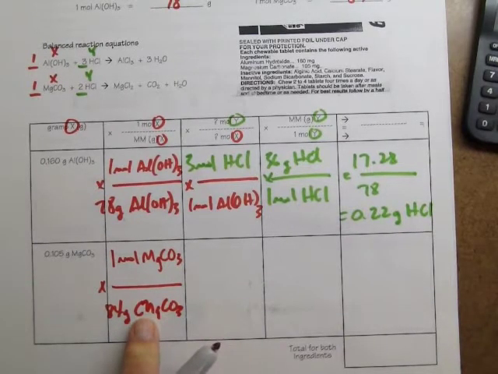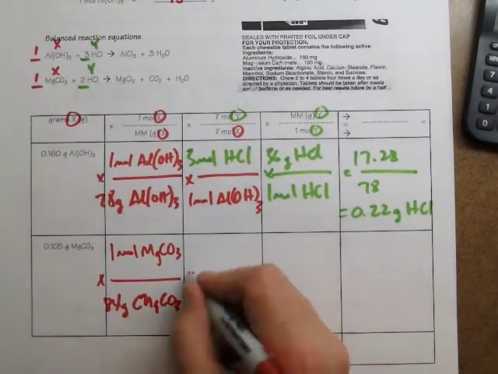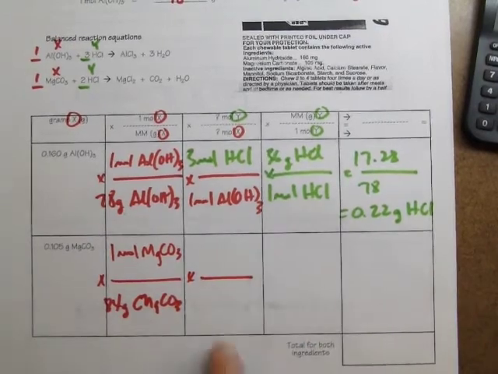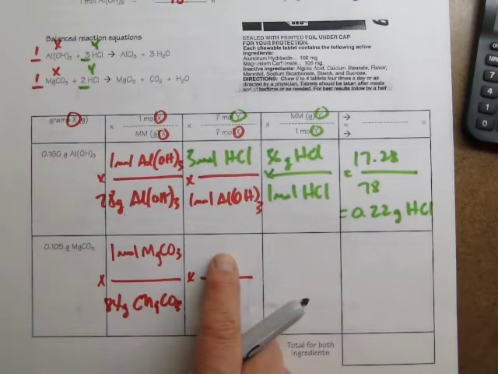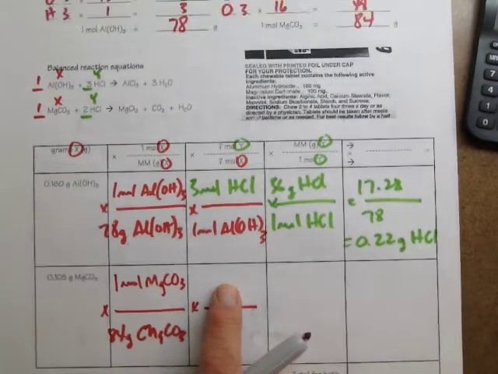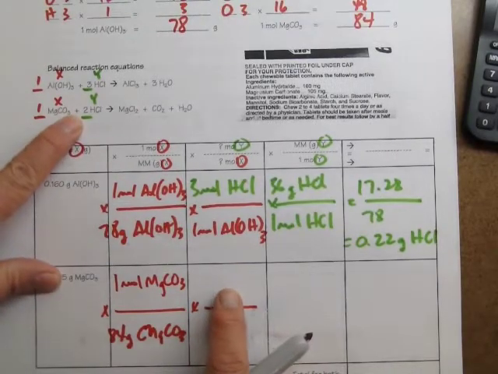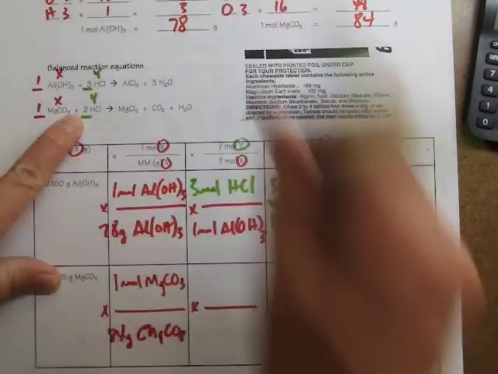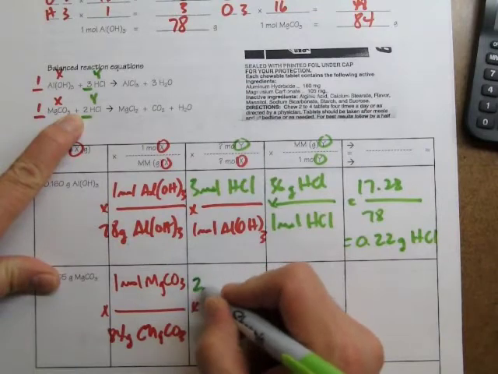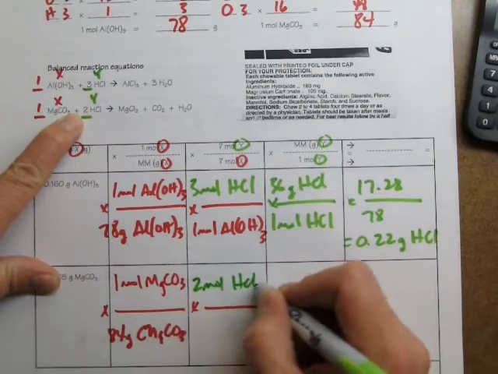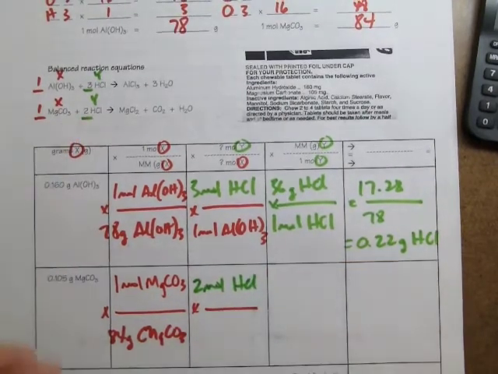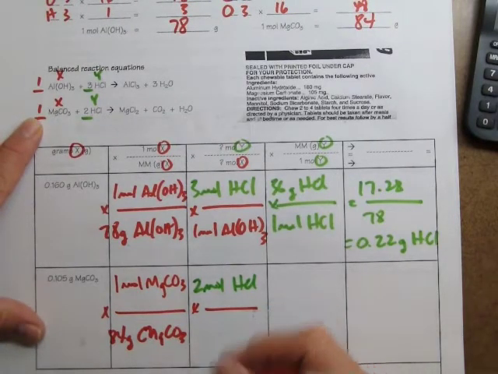That's my M. I messed up while I was writing it. Sorry. And then the next step, on the top, moles of our Y substance, hydrochloric acid, which in this reaction is 2 moles, slightly different ratio, 2 moles of hydrochloric acid. And on the bottom, 1 mole of magnesium carbonate.